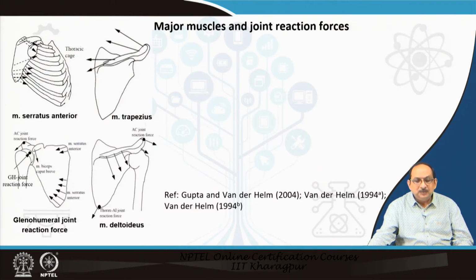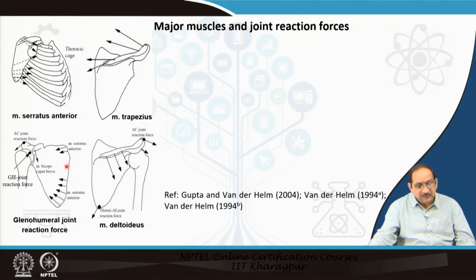Let us figure out the action of the major muscles and joint reaction forces and their effect on the bony structures of the scapula. Muscle serratus anterior is pressing the medial border, as you can see in the figure, on the top and also on the bottom.